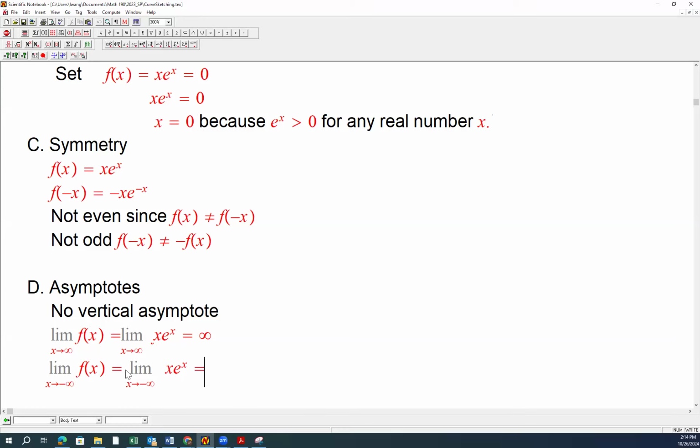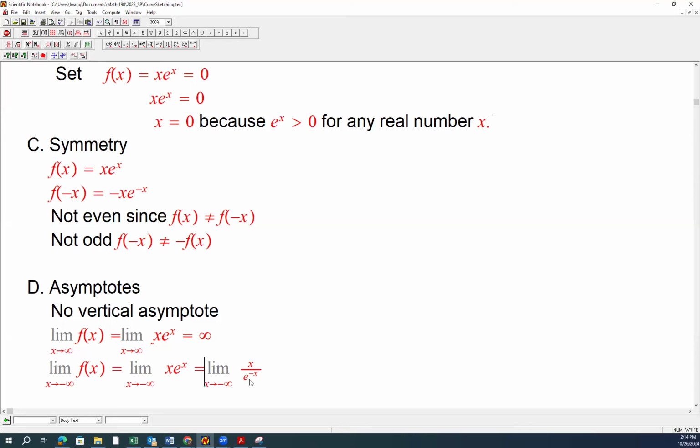So we have an indeterminate form. We could write it as x e to the power of negative x, in this form, so that we can use L'Hopital's rule.